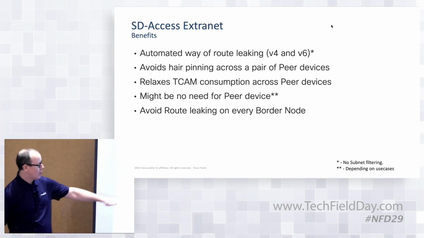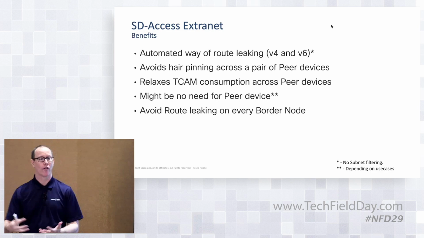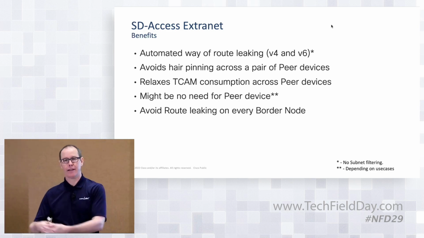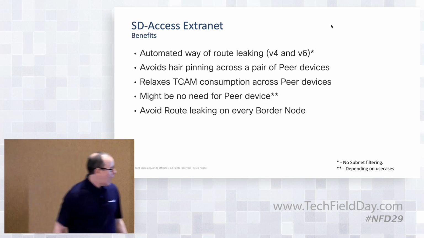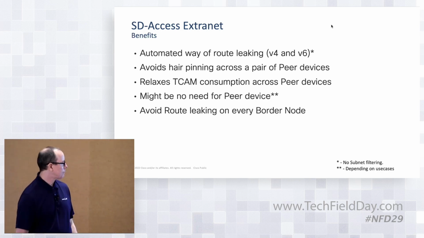So this isn't a cure-all for all shared services necessarily, or for all use cases where you've got that peer device. And then it avoids route leaking on every border as well.